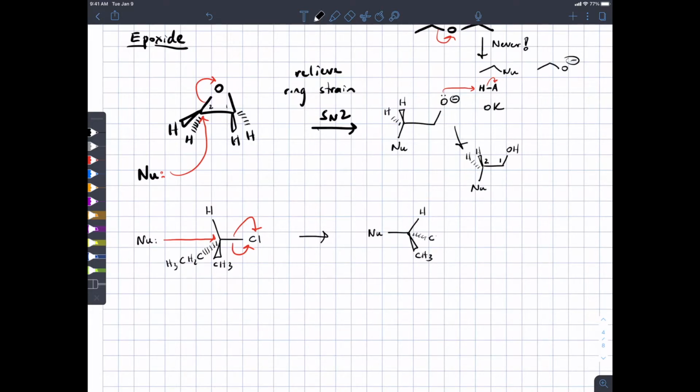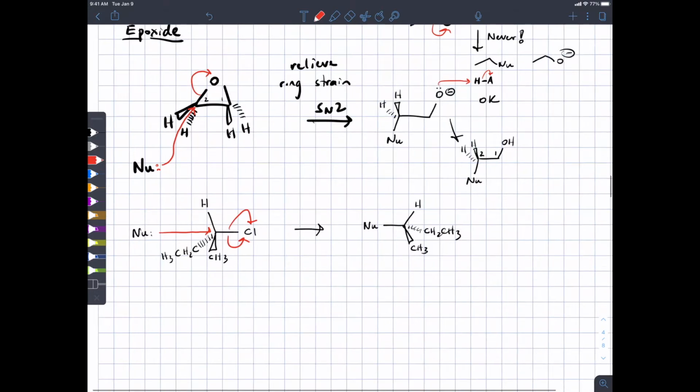The way I've drawn the epoxide above, each of these bonds is in the plane of the page. So to have the nucleophile approach from behind would probably have it coming in like this, and then the leaving group leaves. But we can draw this process a couple of different ways.